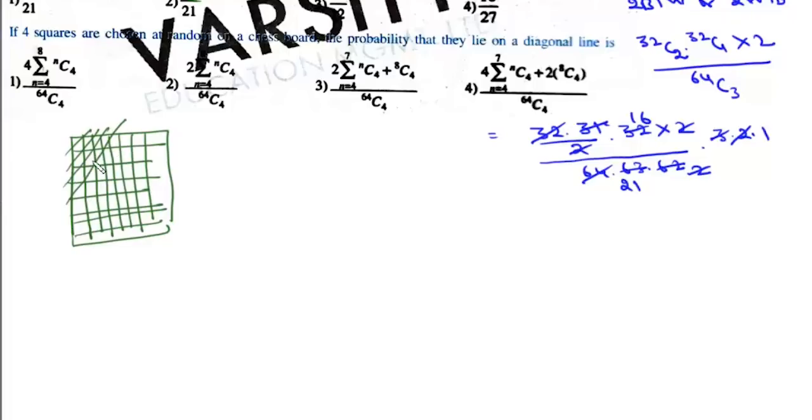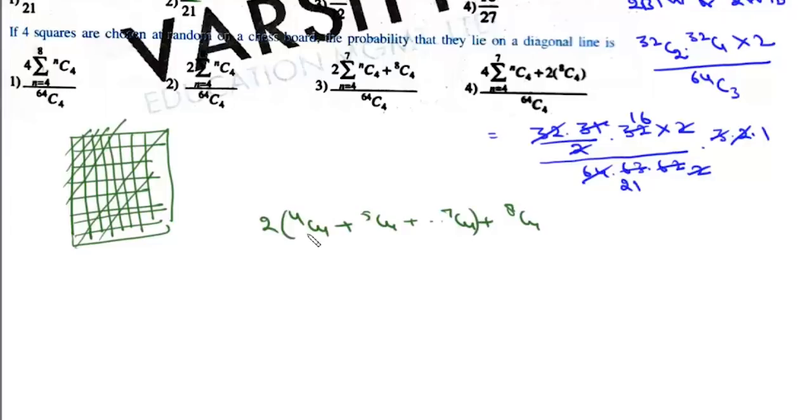We have to choose 4 on a diagonal. So it could be this 4C4 plus 5C4 up to 7C4, and then 8C4, and after 8C4 again we'll have 7, 6, 5 and 4.